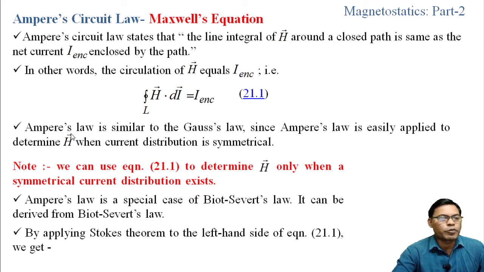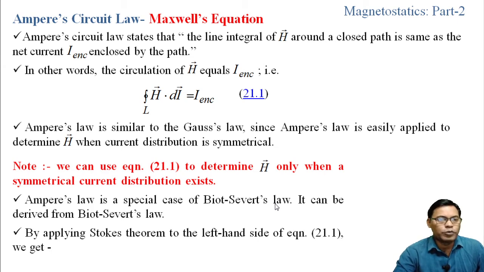We are going to use this equation 21.1 to calculate the magnetic field intensity H only when a symmetrical current distribution exists. As I said, Ampere's law is a special case of Biot-Savart's law, so it can also be derived from the Biot-Savart's law.